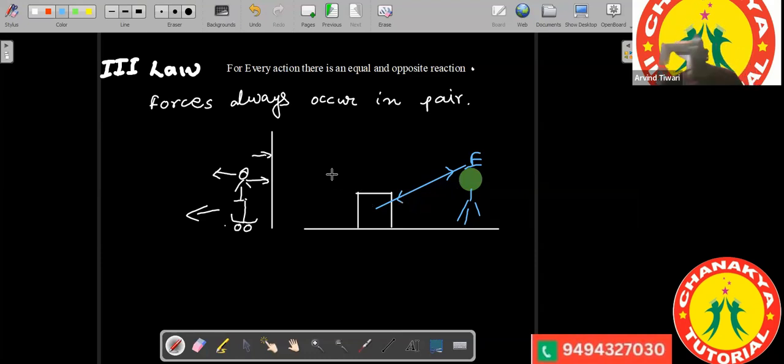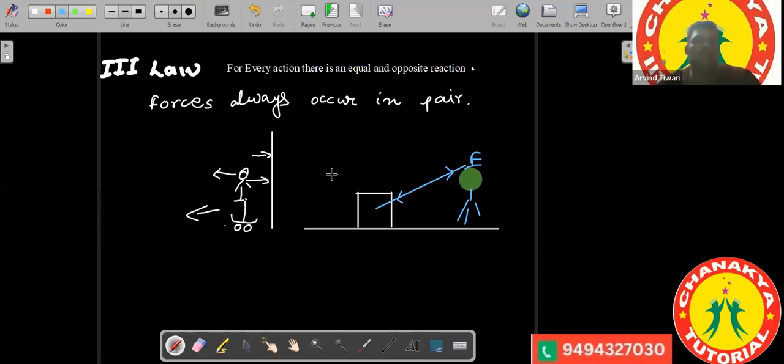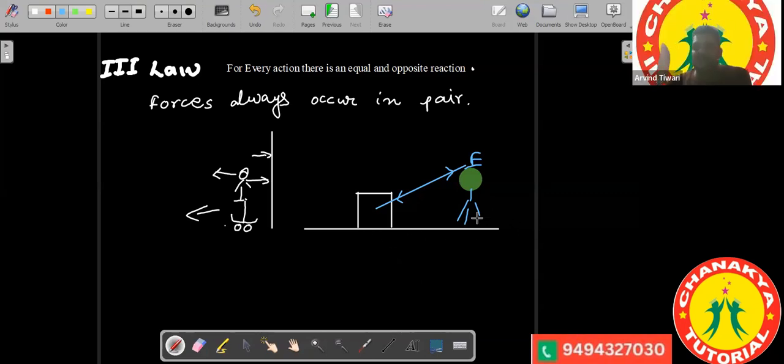Do you agree that the block also pulls me in the backward direction? Everyone, do you agree that if I'm pulling the block, the block also pulls me? No, sir. Why? Consider this surface to be frictionless.